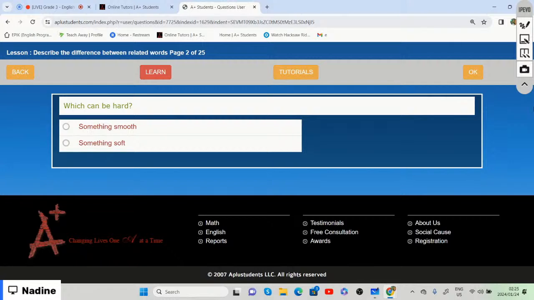Which can be hard? So, which can be hard? Is it something smooth that can be hard or something soft that can be hard?